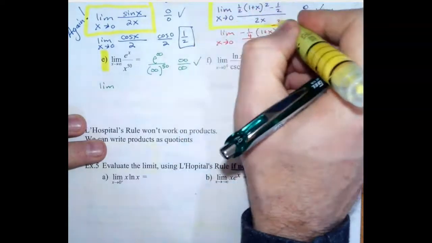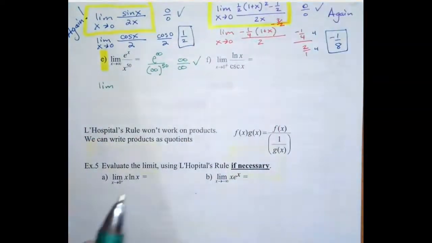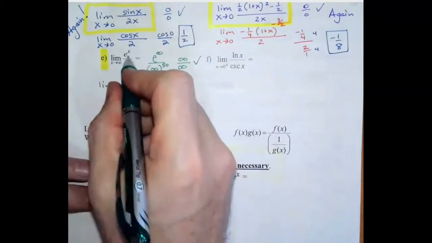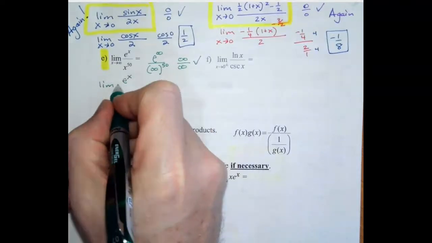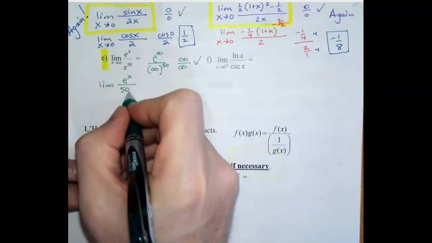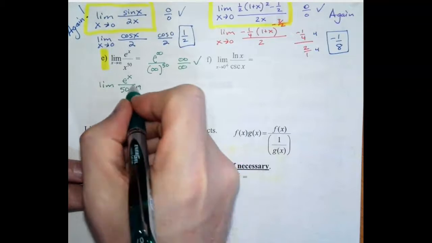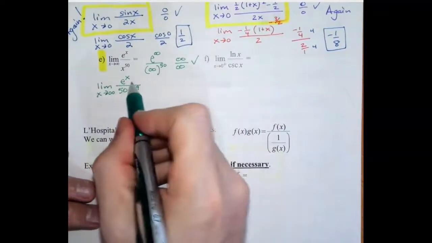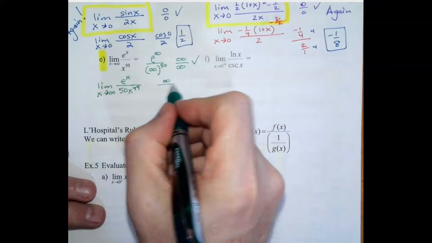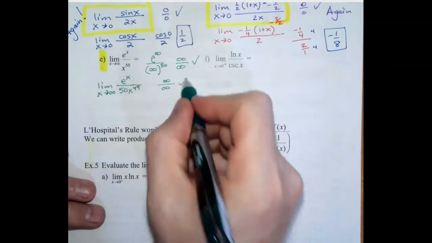Obviously, I'm highlighting this every single time. It's a big deal. So if we take the derivative of e to the x, the derivative of e to the x is e to the x, and the derivative of this is going to be 50x to the 49th as x approaches infinity. Now, if you plug infinity there, you're going to get infinity over infinity again.